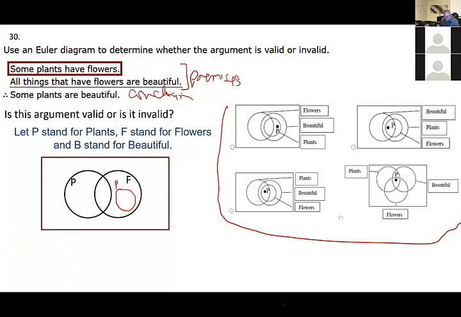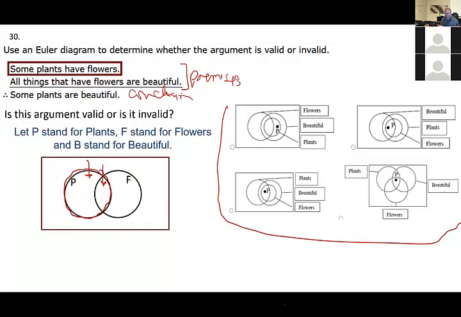But it doesn't say all plants have flowers. So if you don't know that all plants have flowers, you've got to allow the possibility that maybe some plants don't have flowers. And if you're saying some plants might not have flowers, you've got to let those circles overlap. These will be the plants that do have flowers, and these will be the plants that don't have flowers.